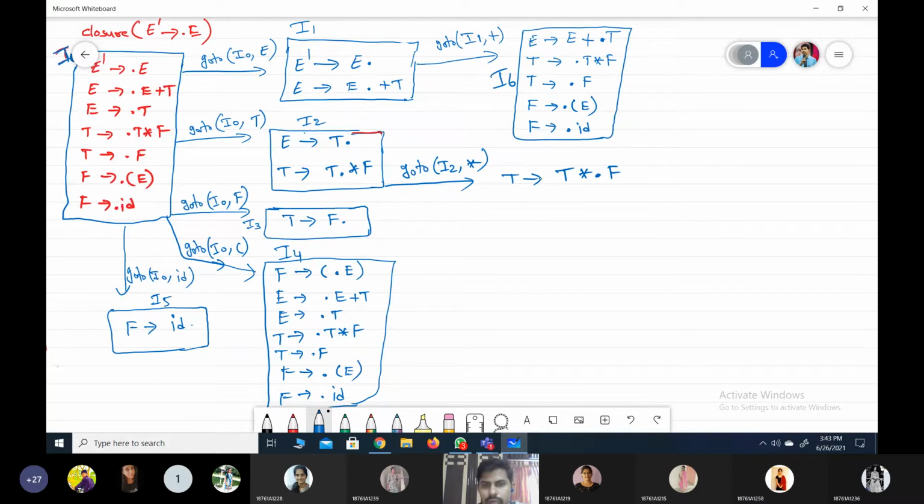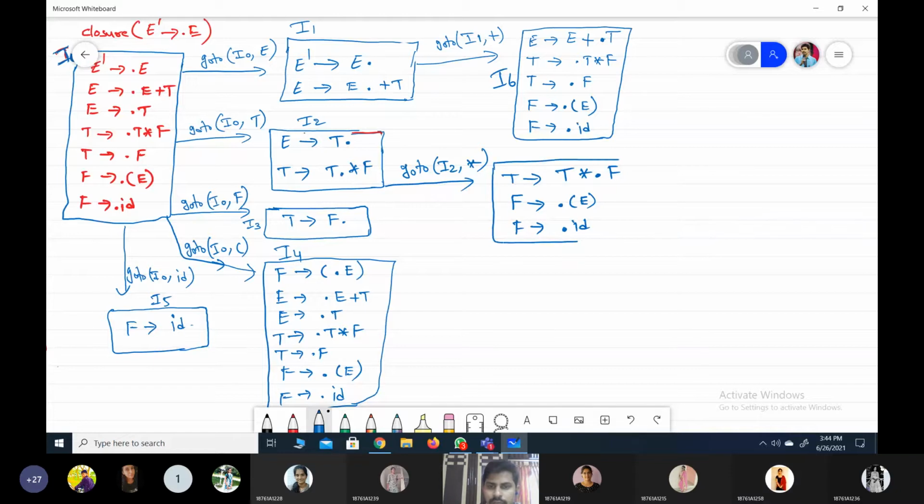The dot is moved one position towards the right side. After that dot, you clearly observe that F is available. What is the F replaceable production from the augmented grammar? F tends to open parenthesis E close parenthesis. That means F tends to dot open parenthesis E close parenthesis, and then F tends to dot ID. Is it okay?